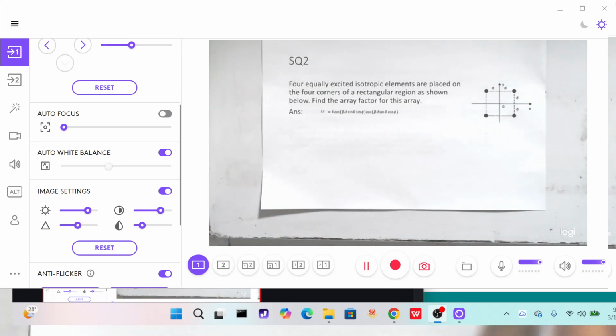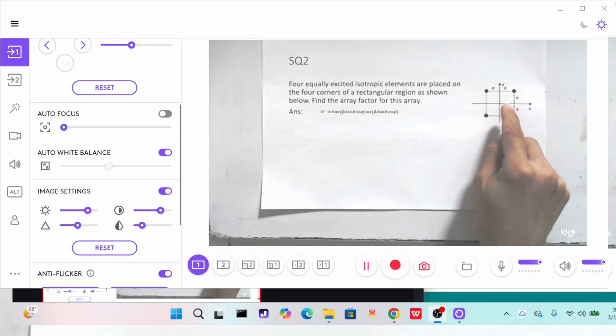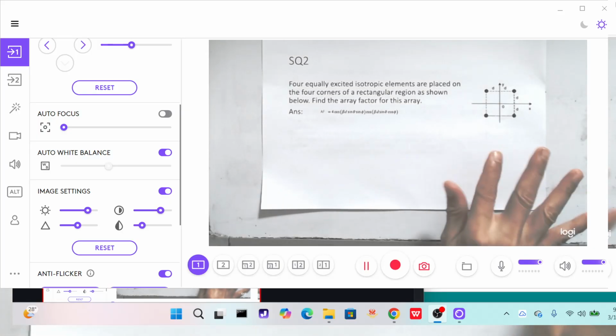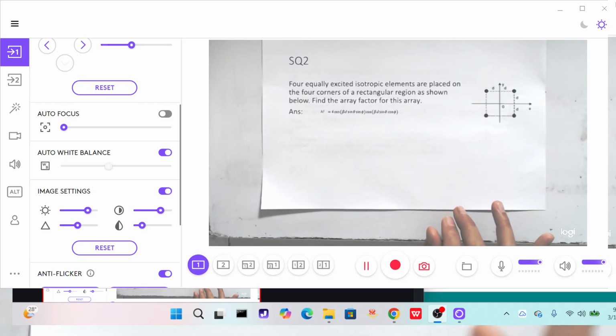As you know, you have many ways to solve the problem. You can just use the usual formula, but it's not going to be flexible because the antenna can be anywhere on the two-dimensional plane.